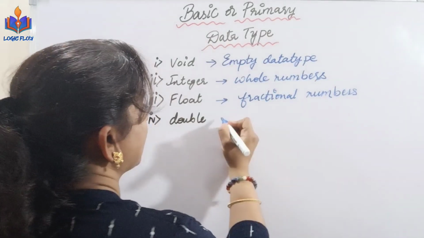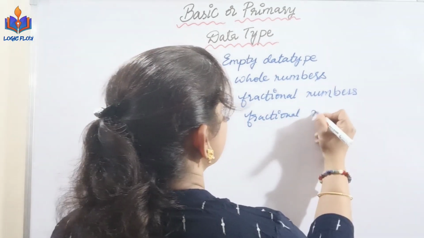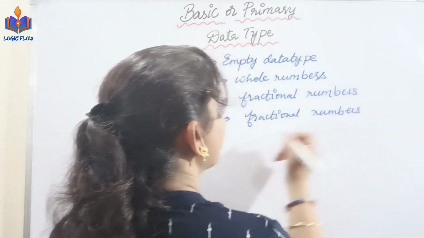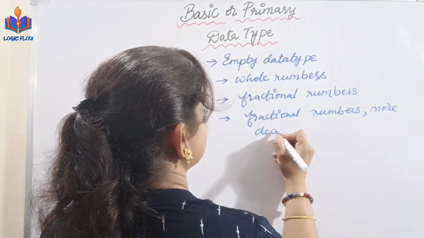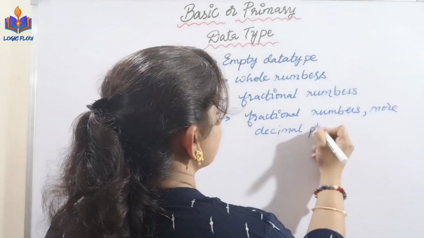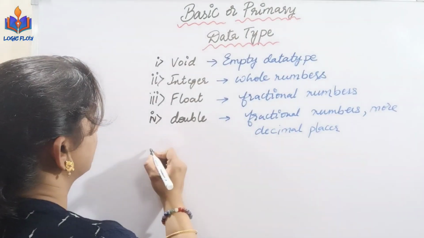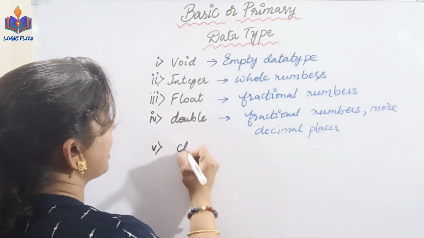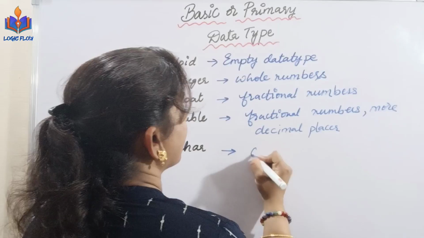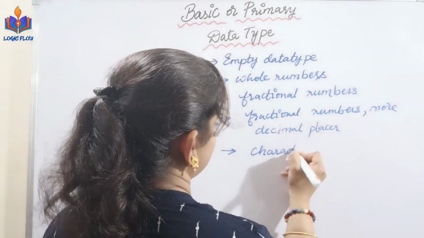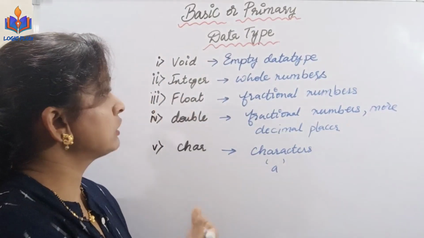Double data type, again fractional numbers, can support more decimal places. How much it can store, we'll see later. Then we have the character data type. This character data type can store a single character enclosed in single quotes.